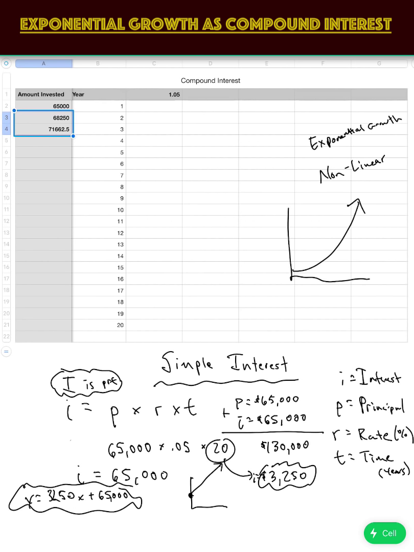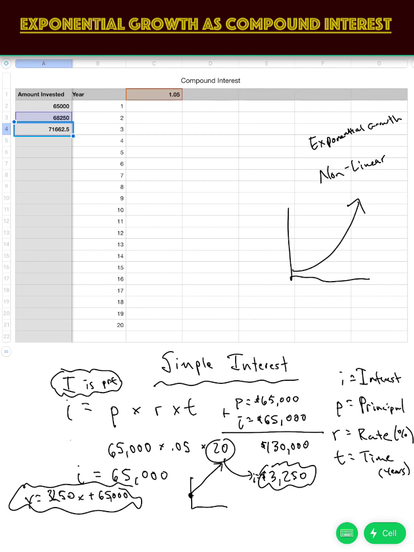However, with compound interest, it's a little different. With compound interest, we make that 5% not only on the $65,000, we make it on the amount we now have. So the next year, we make 5% of $68,250. This year, we make 5% off of $71,662.50.